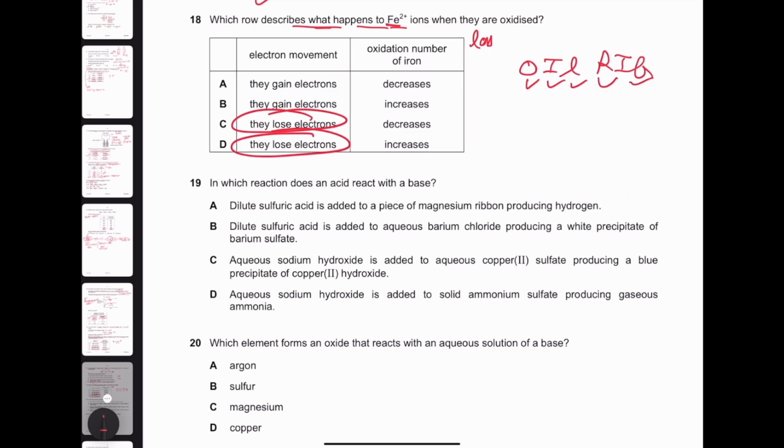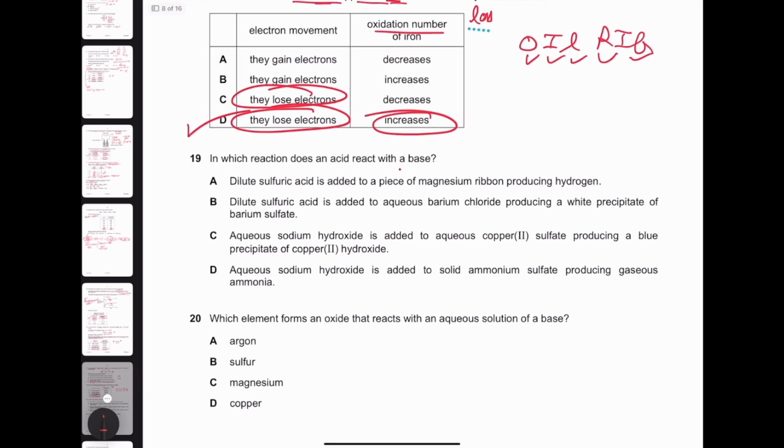What happens to the oxidation number? Just think about it. If it is losing electrons, the negative charge is decreasing, but the positive charge is still the same. So the positive charge must be higher now. So the oxidation number must be higher, and when oxidation takes place, the oxidation number increases. So the answer should be D.